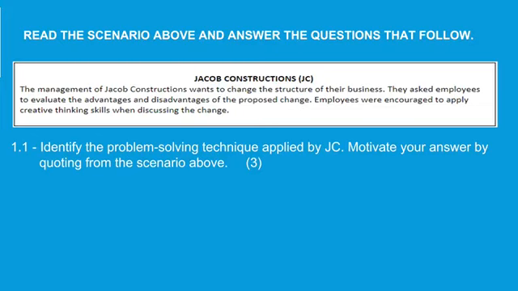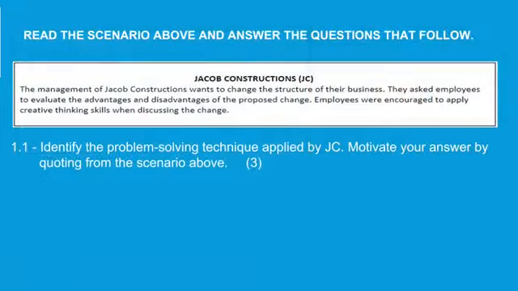All right, so as we referred to earlier, with these problem-solving techniques, this is often a way that the question is asked. So let's have a look at the scenario itself. Okay, it says, the management of Jacob Constructions wants to change the structure of their business. Okay, so there's a couple of clues there already.